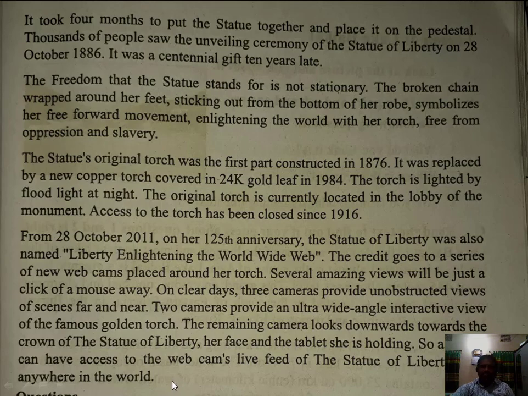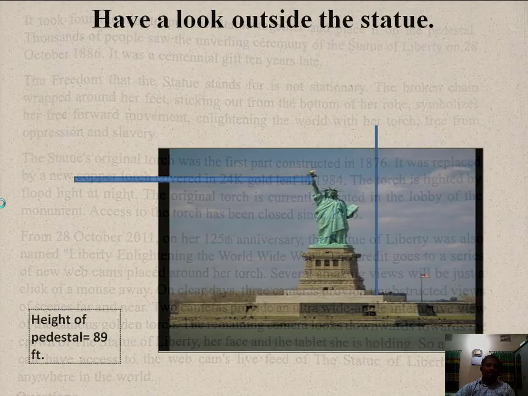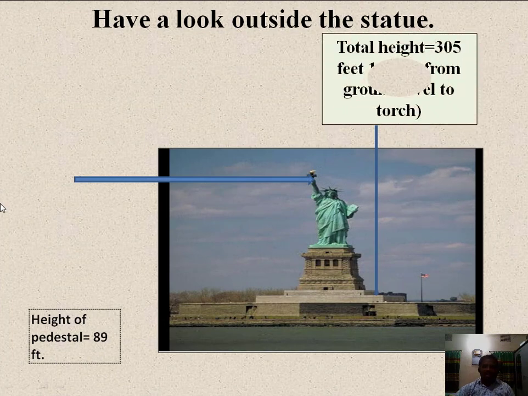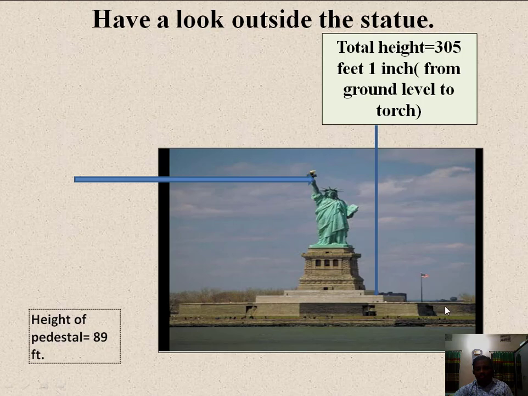Now I would like to share the unknown words with you. I will discuss the unknown words, their meanings and their uses in a sentence. At first, look at the statue again. The total height of the statue is about 305 feet and 1 inch from ground level to torch.